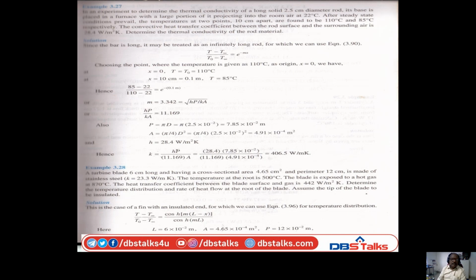Next, what you have to do is first note down the given data. That is very important for any problem. First you identify and note down the given data, then you will get some understanding.